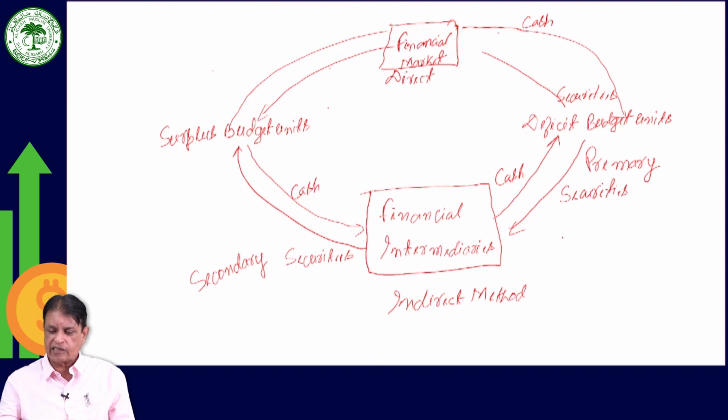So, in the financial system we have the financial market. This is one component of the financial system. There is a second component, and this is financial instruments.